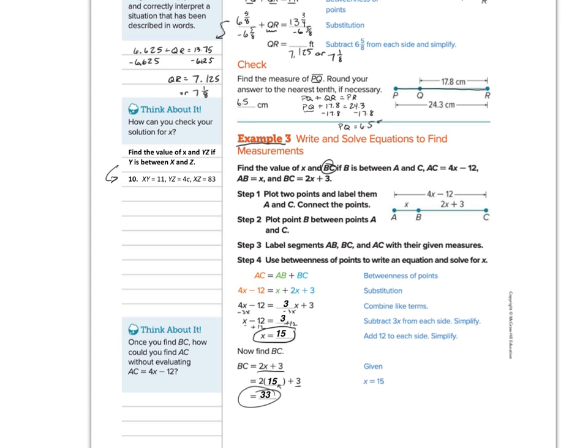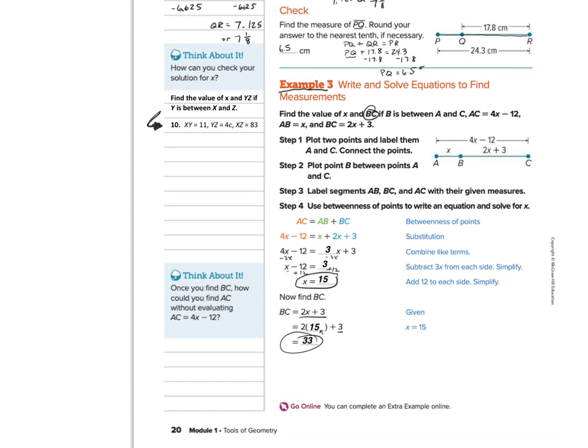That is the reason I brought problem number 10 over here from our classroom assignment today, just to give us an example. So take a moment. It says to find the value of x and YZ if Y is between X and Z. So I'm going to give you a moment, and once you're done, check your answer. And then here I go.